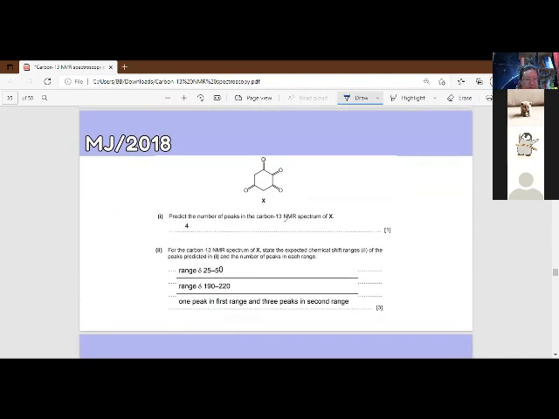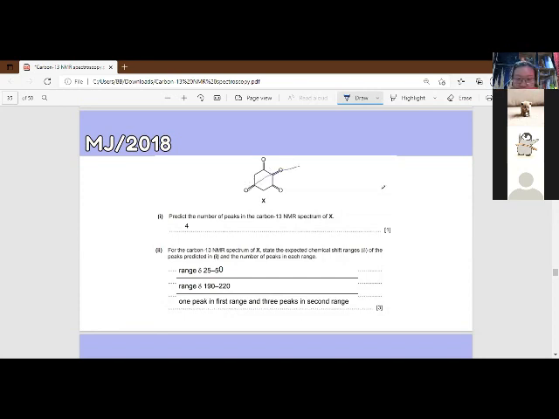So it has 4 peaks. Since they give this diagram, you can easily see how many carbon environments there are. So I'm going to draw.